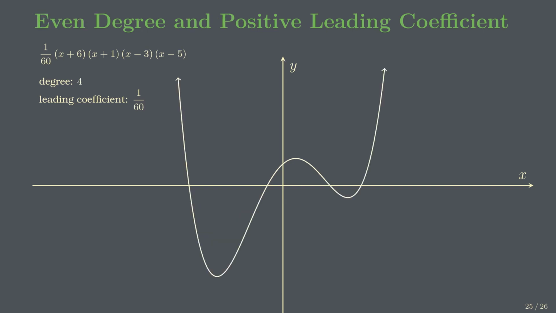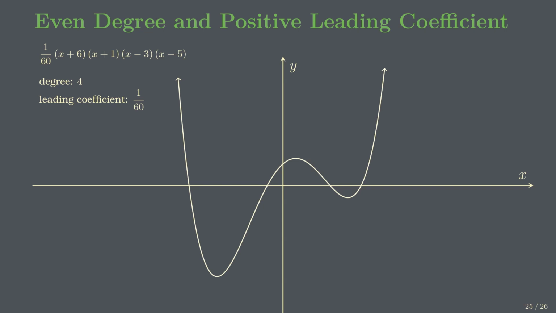Now, if the degree is even, then the end behavior should behave the same way, meaning that whenever x goes to minus infinity or plus infinity, f(x) still goes in the same direction. And if we want to know whether it goes up or down, we look at the leading coefficient. In this case, if the leading coefficient is positive, then the end behavior will go up.